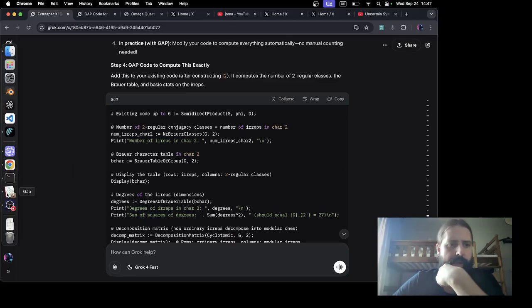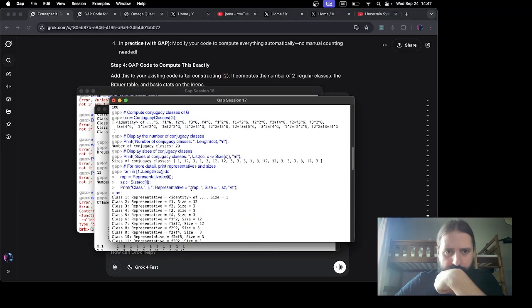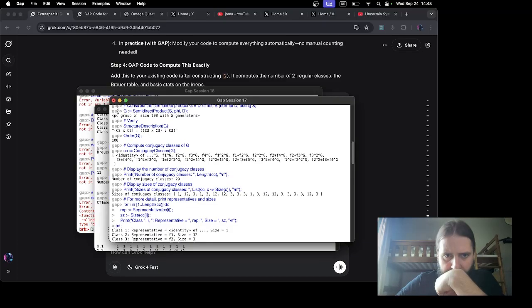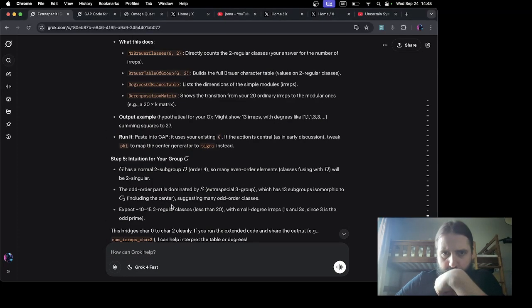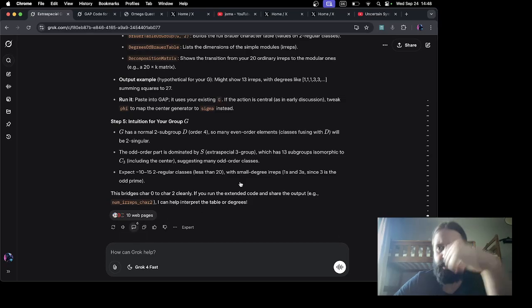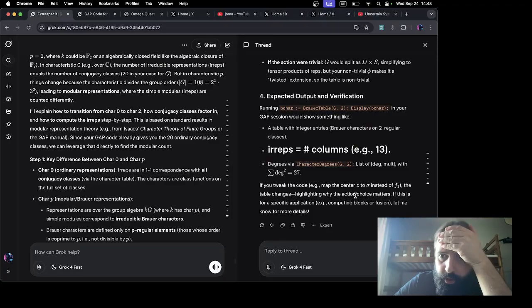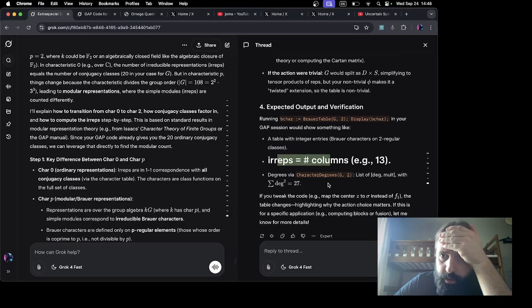If I look at the code, the thing is, I don't even think this is it. If I open the thread, I think here's where it has the final code here, and the irreps number of columns. Exactly.